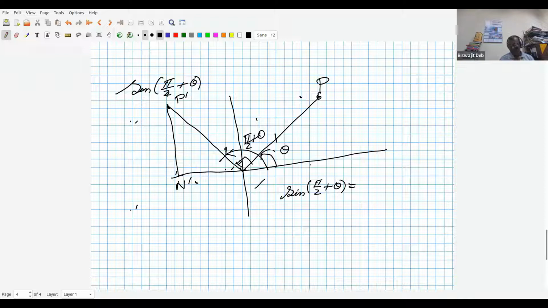So with this, sine of pi by 2 plus theta is going to be P dash n dash by OP dash.